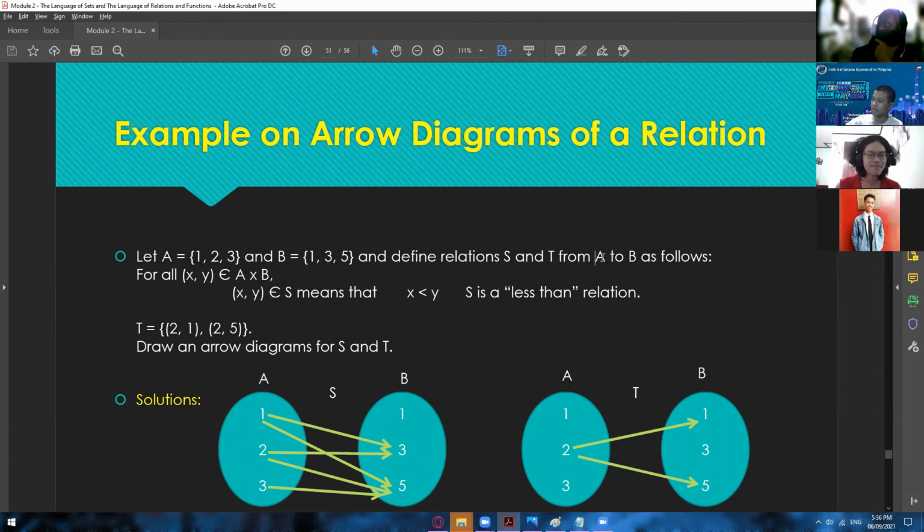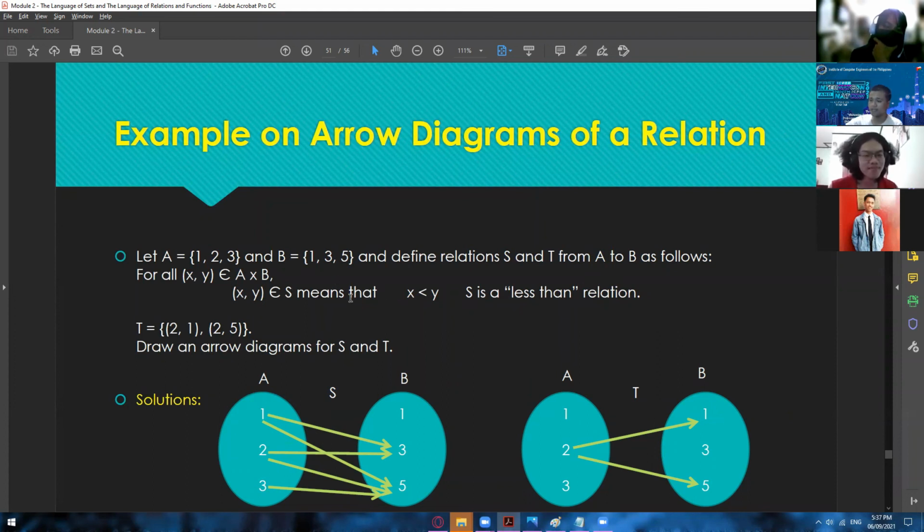If it says A to B, then A comes first before B. Vice versa, if it says B to A, then it must be B first before A. That doesn't mean that A is always first; it depends on the format that will be given. So we have A to B and A to B. This is the set S, and this is the set T.